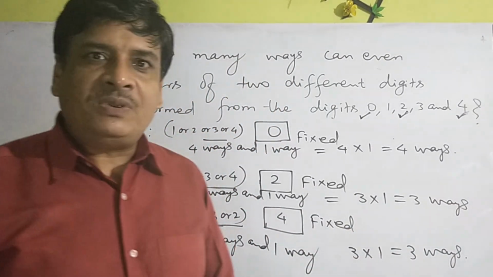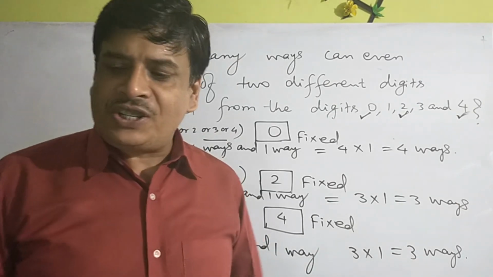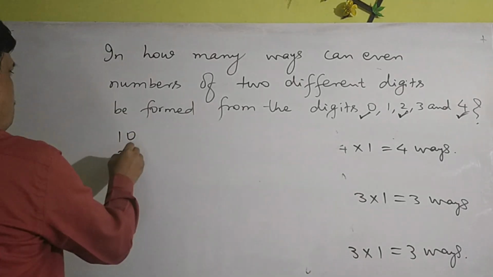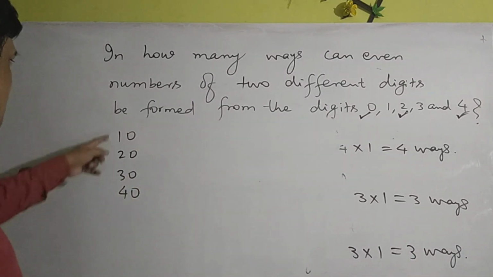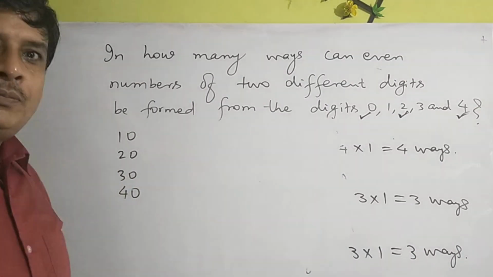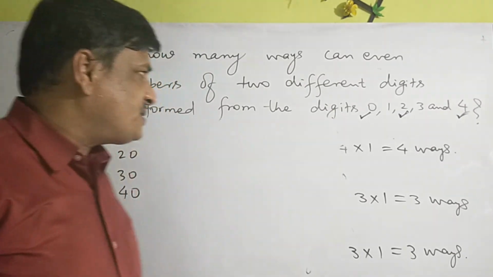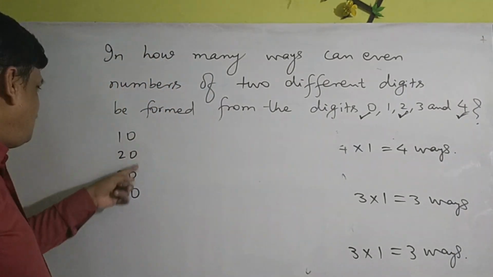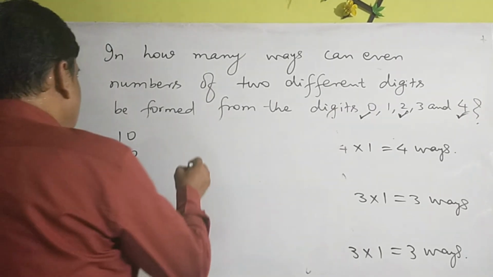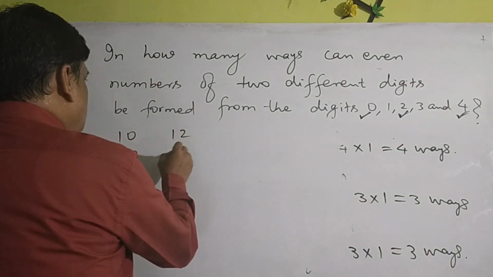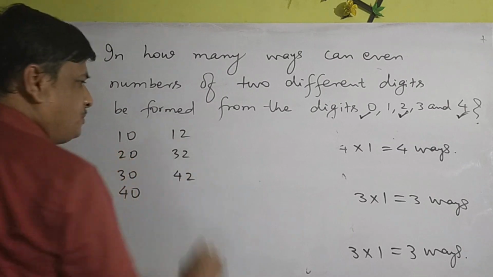We can observe how we form such numbers: 10, 20, 30, 40. These are 4 different even numbers, in each the unit place is 0. 12, 32, 42.